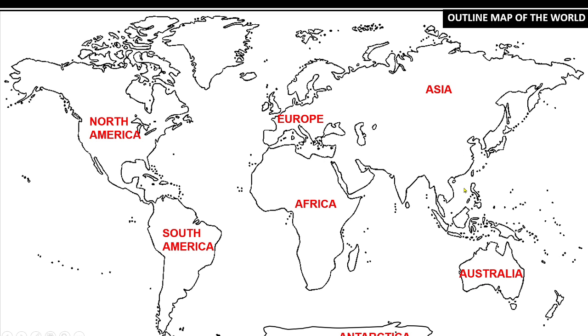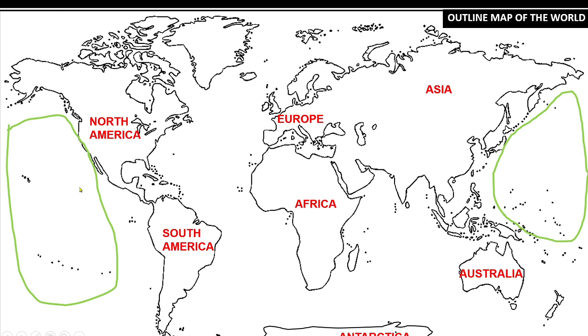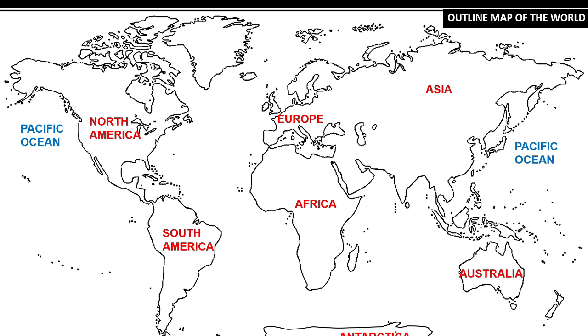Among oceans, Pacific Ocean is the largest ocean, which can be seen on both sides of the map, the left and right side of the map. Followed by Atlantic Ocean, the ocean which separates North America and South America from Europe and Africa.